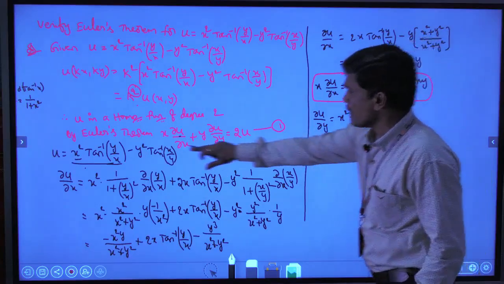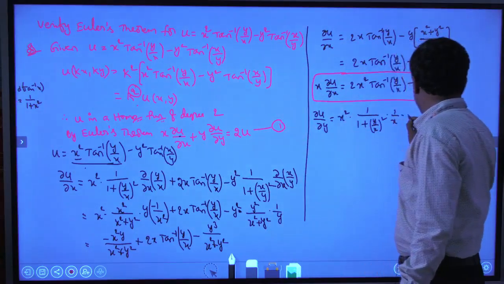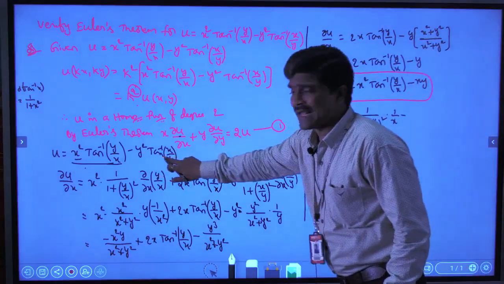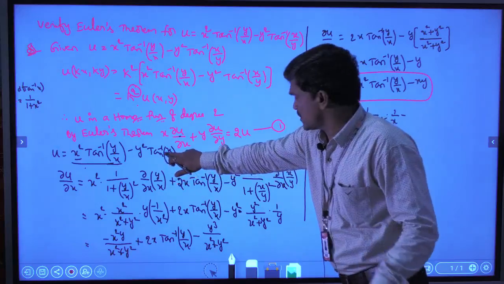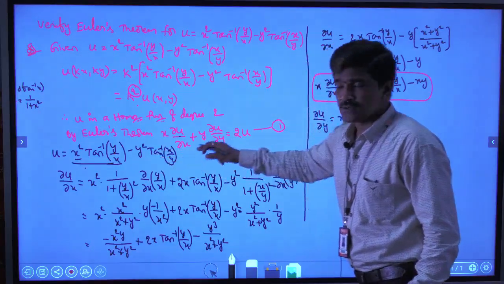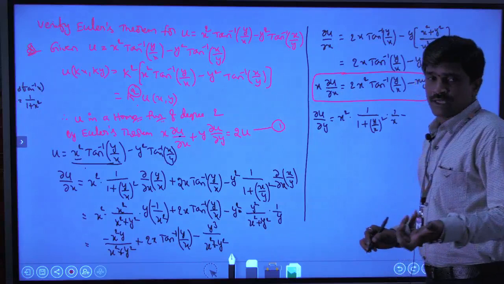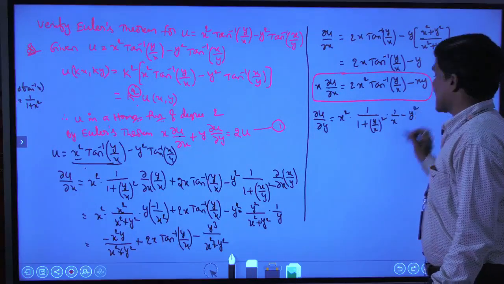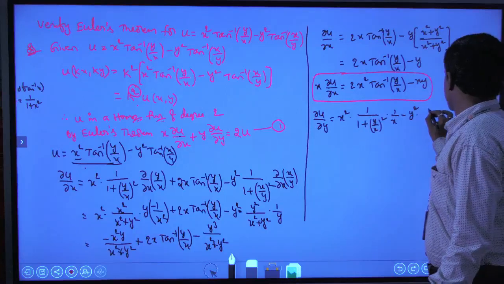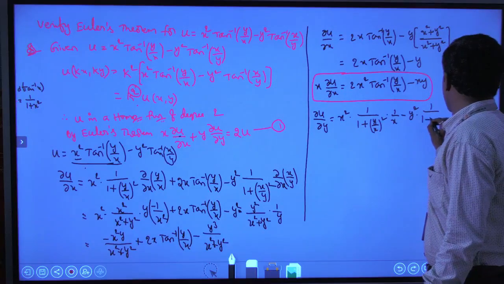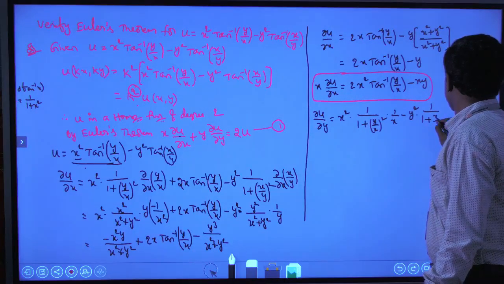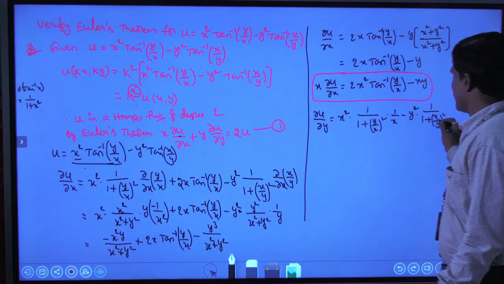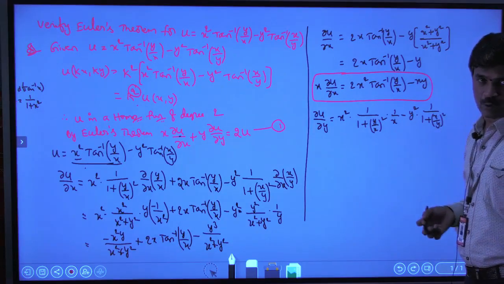Next minus, so here y square tan inverse x by y. So here in two functions we have y. So now take uv derivative: y square into derivative of tan inverse x by y. So tan inverse x by y derivative is 1 by 1 plus x square by y square, again derivative of x by y with respect to y.